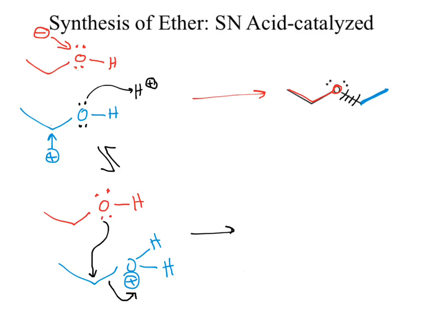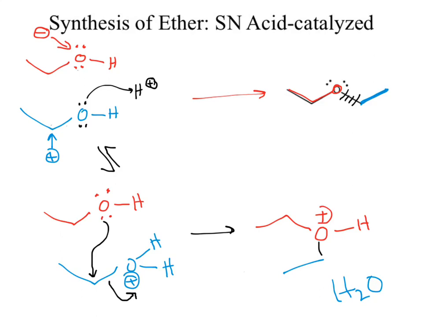Now when we look at our product, we've got our oxygen, we've got our new bond to our blue carbon. Color coding this is ridiculous, by the way, for anybody that cares. Positive there, and we would have H2O as our leaving group.